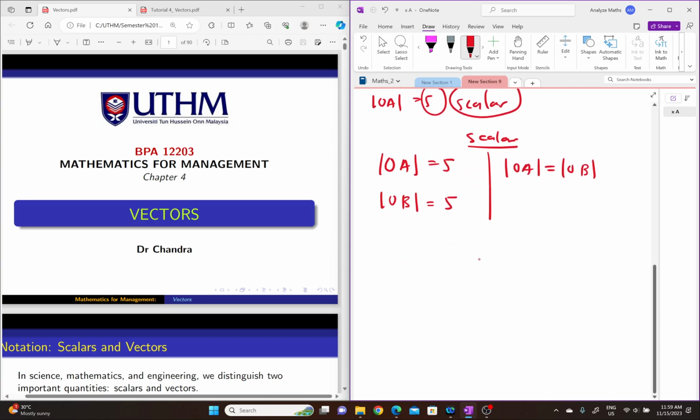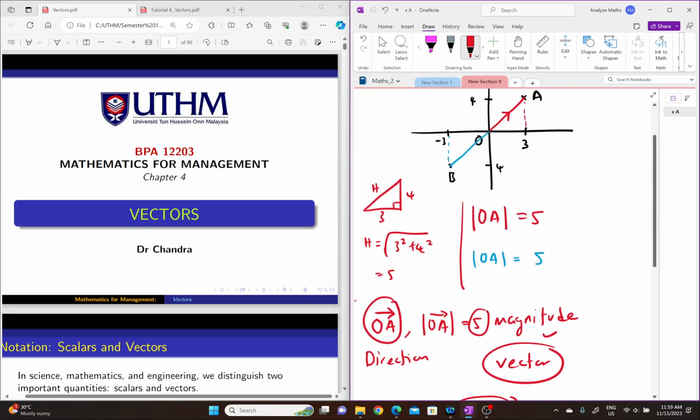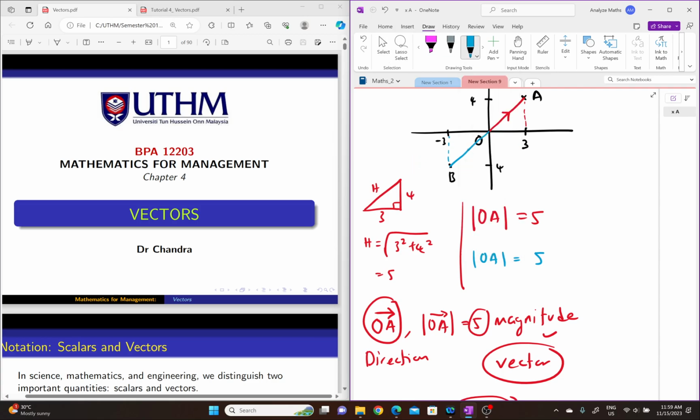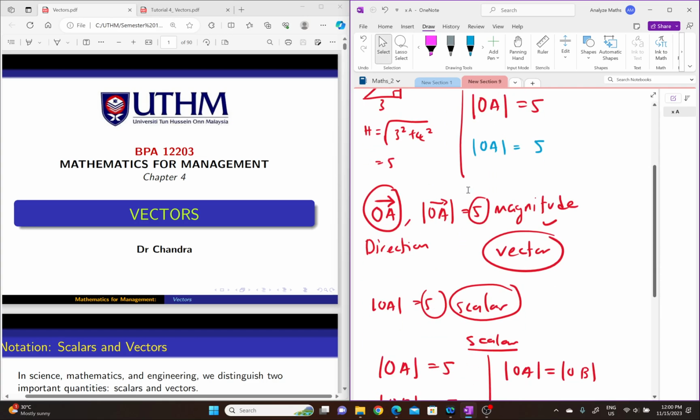Now for vector, OA is 5. Now OB, you can see the direction now, the direction goes down. The directions are not the same. OA is going upwards, OB is going downwards.